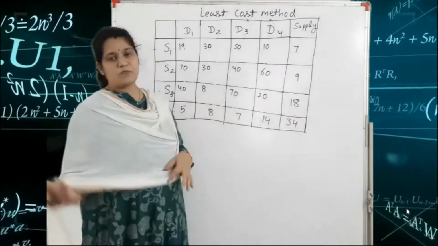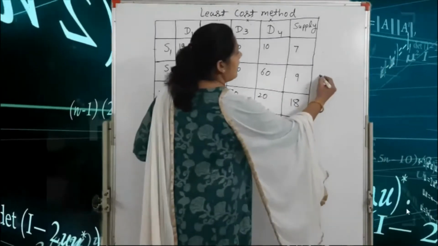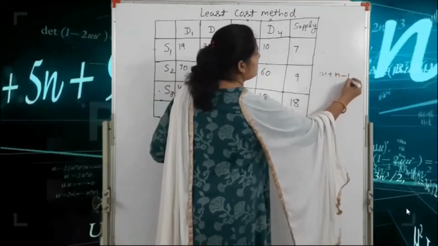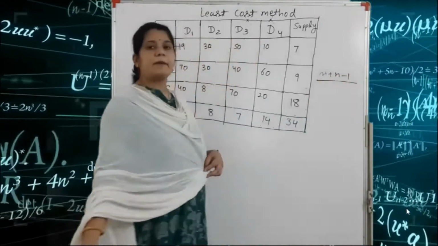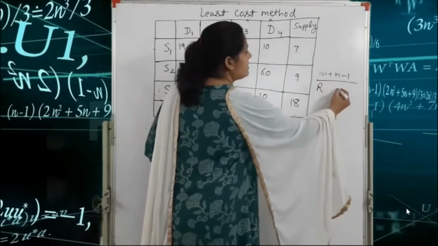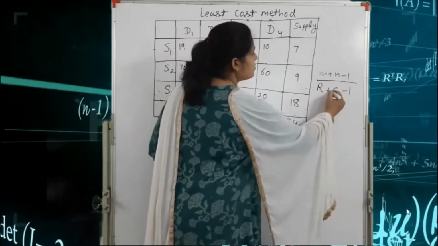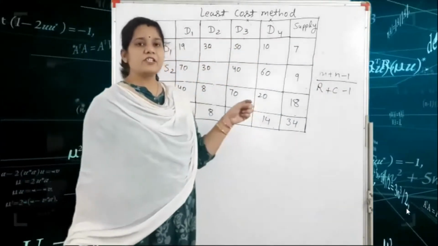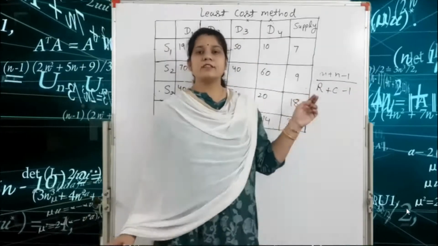Second condition is m plus n minus 1. Here m is equal to the number of rows, n is equal to the number of columns, minus 1. So this condition is checked for degeneracy.